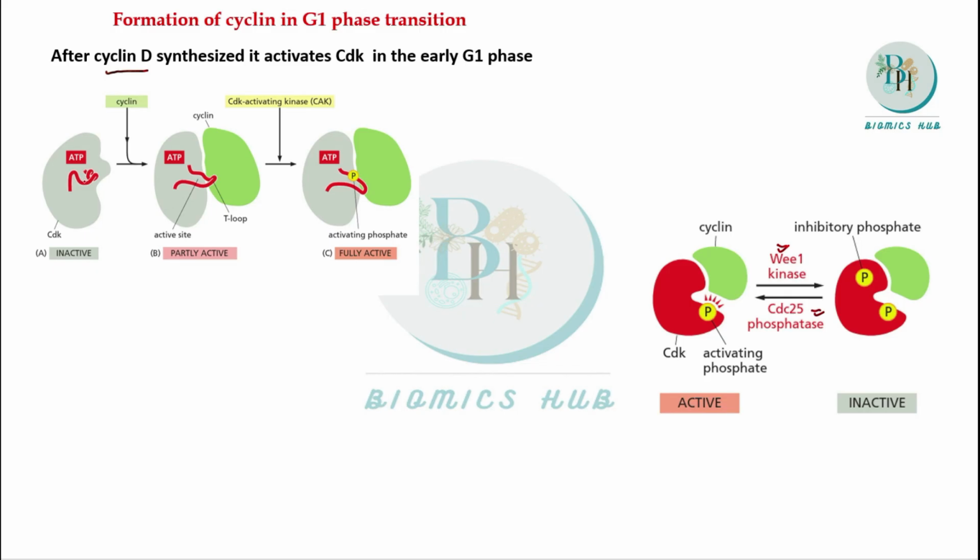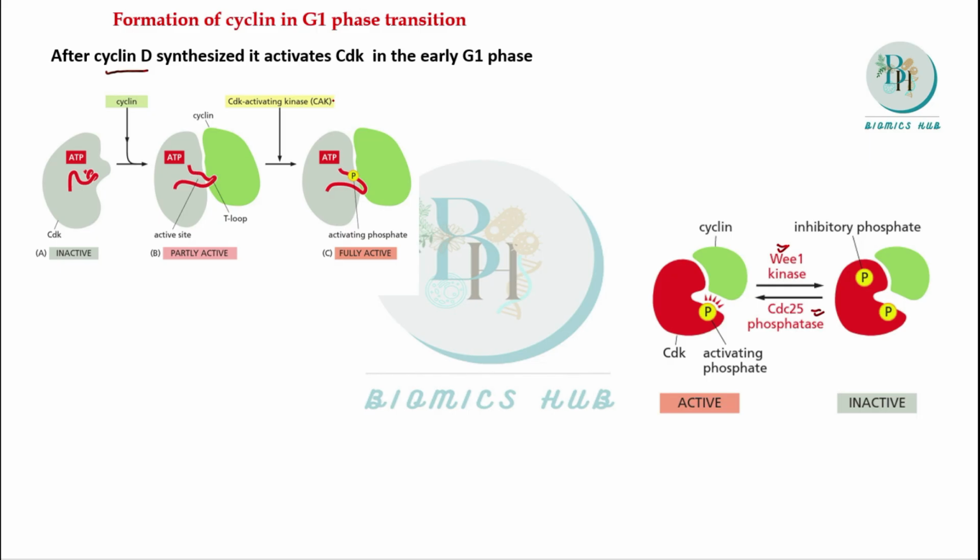There is a T loop in the CDK which has an activation site within it, and when it is in the inactive state, it is not exposing the activation site. When cyclin D is synthesized, it will come and bind with this CDK and it will phosphorylate and change the structure of this T loop, by which the T loop will expose its active site.